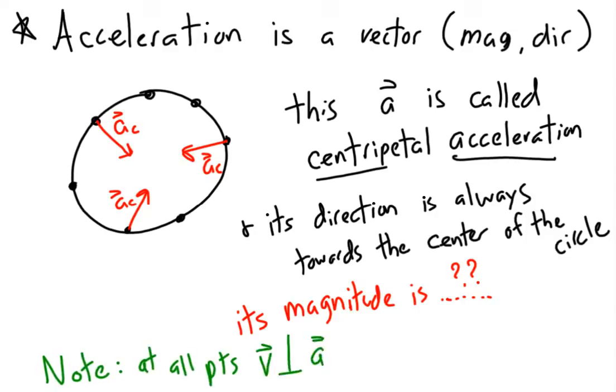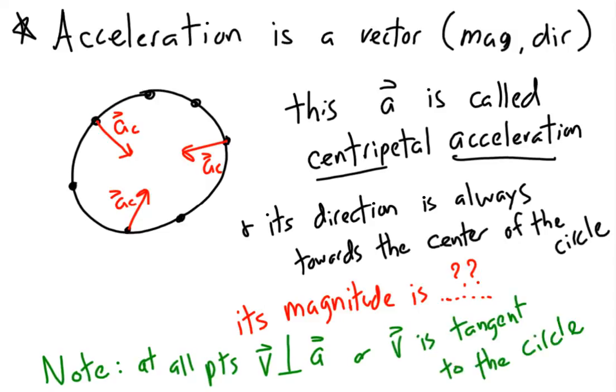And before we go there, just a quick note: at all points in this object's circular path, or at all times, the velocity vector is perpendicular to the acceleration vector. So if we were to draw the velocity vector at various times like this, we would draw it perpendicular to the acceleration. The acceleration vector, as I mentioned, is pointing towards the center, so it functions like a radius.